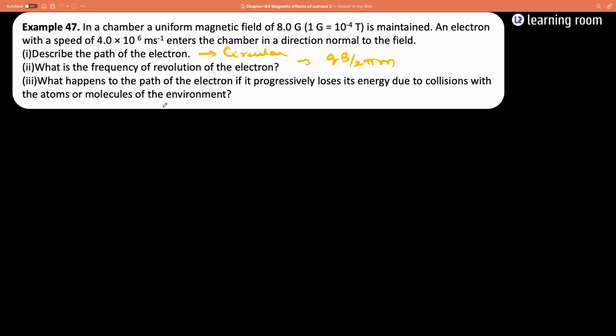Decrease. Means if a particle has started here, it will not be able to complete the same radius. Rather, it will complete a smaller radius. Means it will never be able to come back to its original point. So when the radius is going to decrease, what will be the path it is going to follow? That spiral path. It will be like that mosquito coil. That's what they are calling it. Yes, sir. Got it, sir.